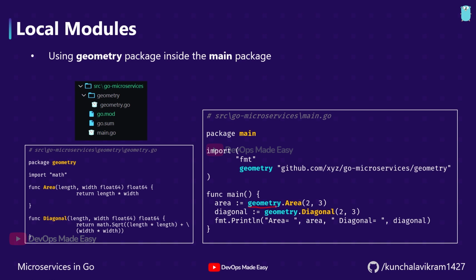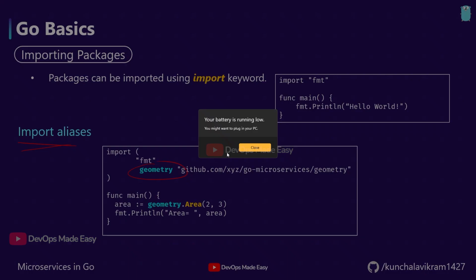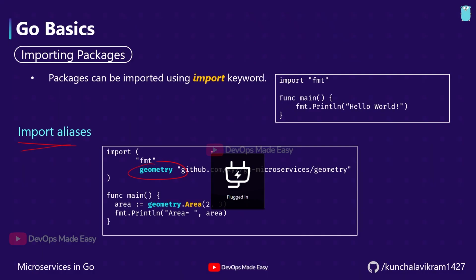So it is the name of the package, dot, and the various functions. So first, you create an import alias called geometry, and using that you can call it.